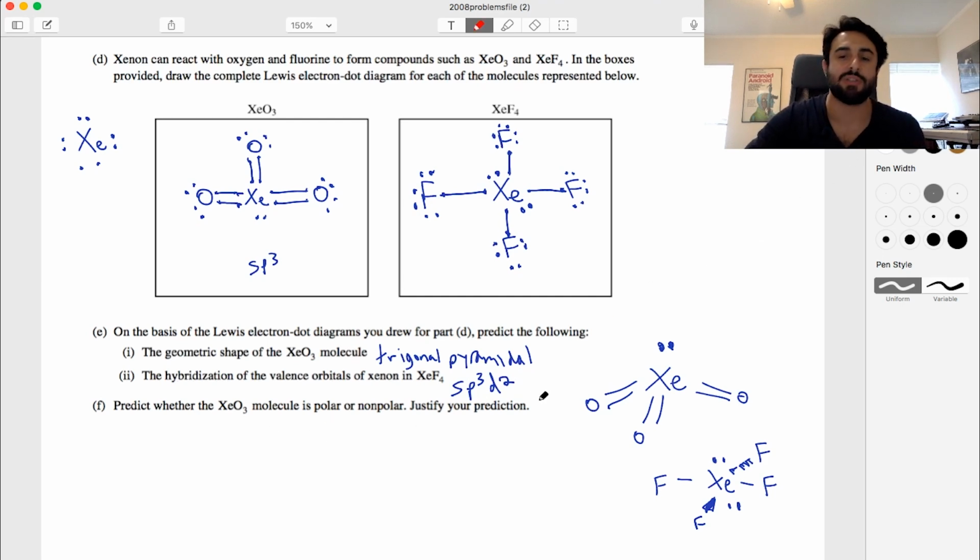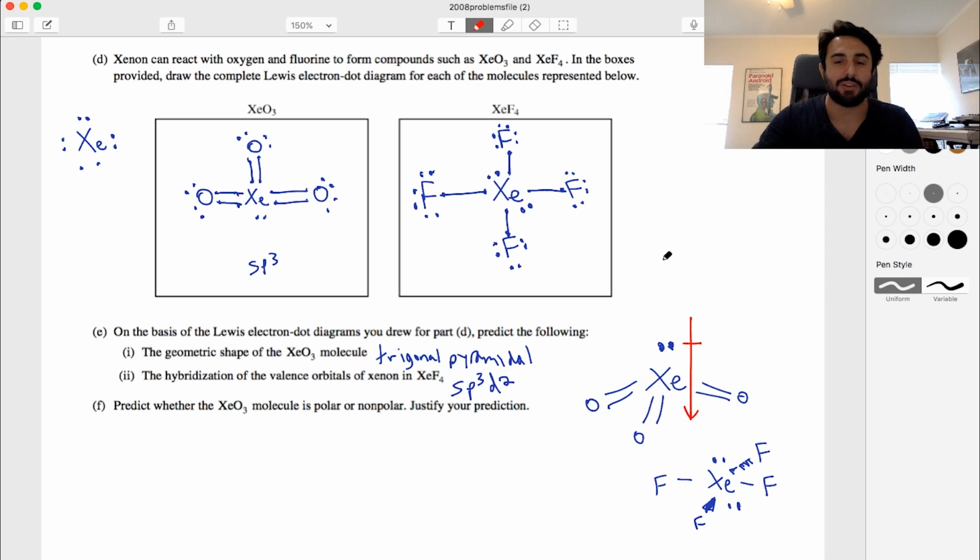And then lastly, predict whether the xenon trioxide molecule is polar or nonpolar. Justify your prediction. So this will be polar because it does have a net dipole. Right? These are polar bonds. Oxygen is much more electronegative than xenon, so it is going to pull those electrons towards itself. So these bonds are polar, and it is not a symmetrical molecule. If it was trigonal planar, it would be nonpolar.